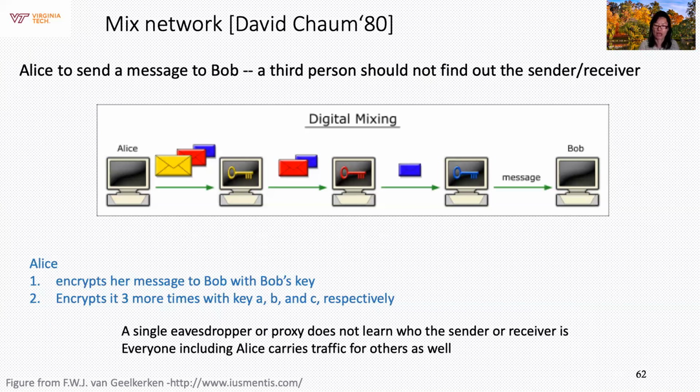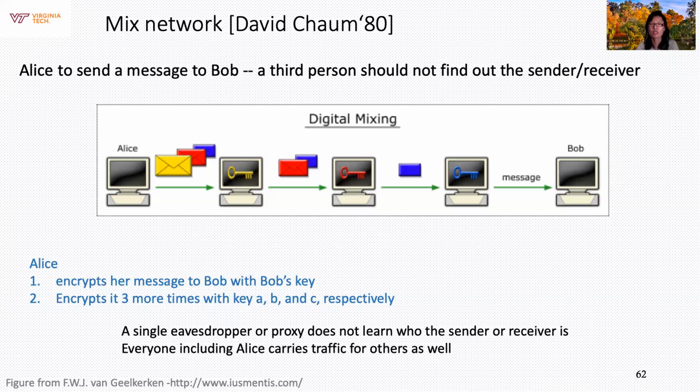Everybody puts the encrypted message into these kinds of envelopes and starts routing. Of course it takes more overhead and it's slower, but with enough traffic, it's very hard to pinpoint who is sending what to where.